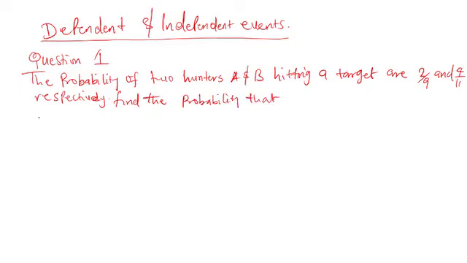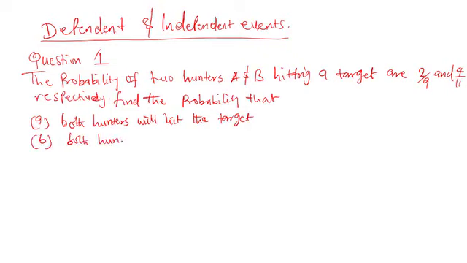Now the question says: A, find the probability that both hunters will hit the target. B, find the probability that both hunters will miss the target.